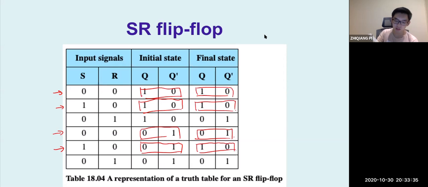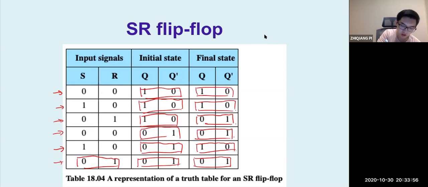And when we click the reset bit, whatever the initial state was, we set Q back to 0 and Q prime back to 1. Note in this truth table that we don't have a row for S is 1, R is 1, and so on. That's because, like we said before, when S and R are both 1, it's an error state, and it's just not a case that we need to consider in the SR flip-flop.